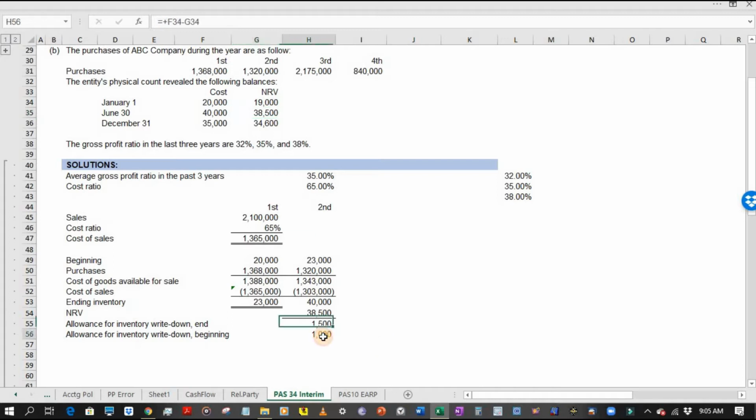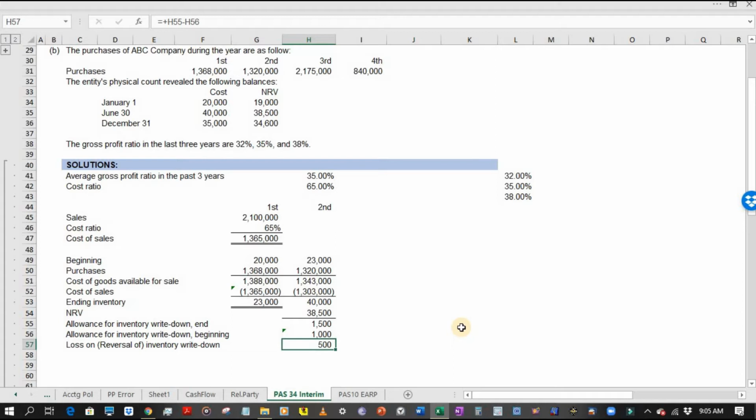So we have already recorded 1,000 pesos and it should have an ending balance of 1,500. It means that we still need to record an additional 500 pesos to make it 1,500. And since this is an increase in the inventory write-down, this is a loss on inventory write-down.